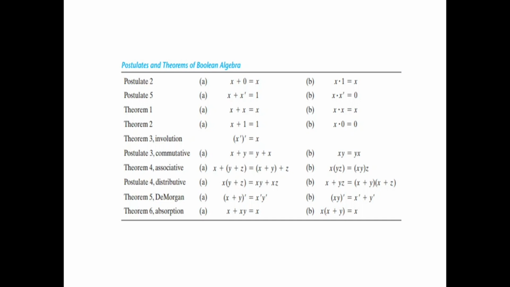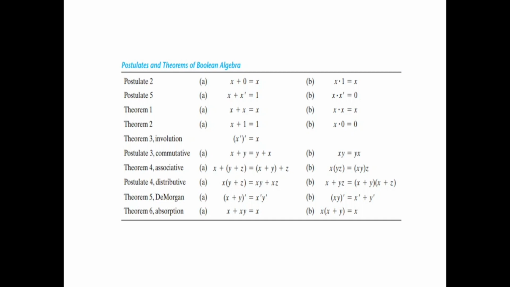And theorem 4, that is associative. Theorem A is x plus (y plus z) equal to (x plus y) plus z, and B is defined with respect to the dot operator, that is x into (yz) equal to (xy) into z. Postulate 4 is distributive.